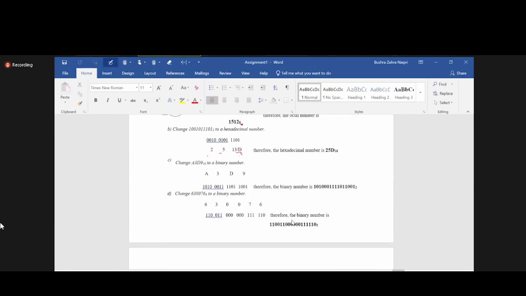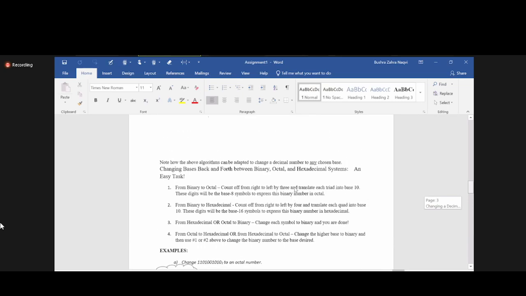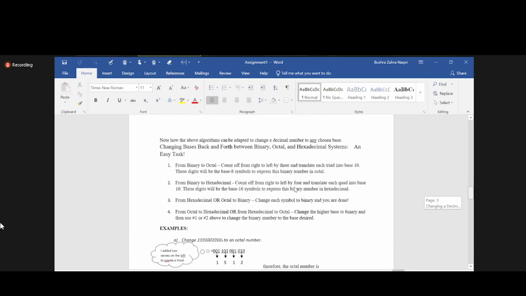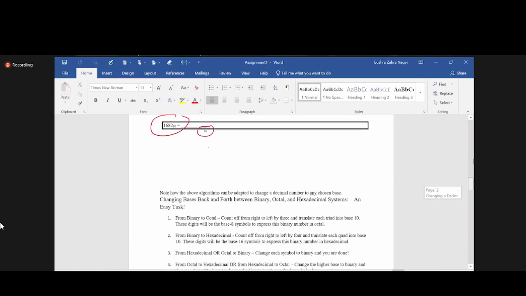So how to convert this number in hexadecimal into binary, you organize it and write down its binary form. You need to do all the assignment. You don't need to do the fancy things like I have here for you. You need to work with the Word document.